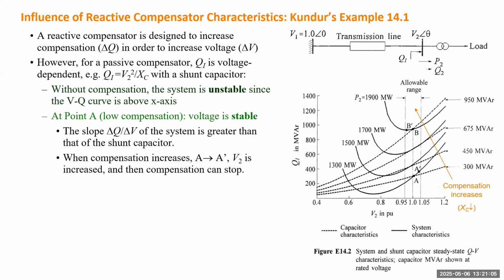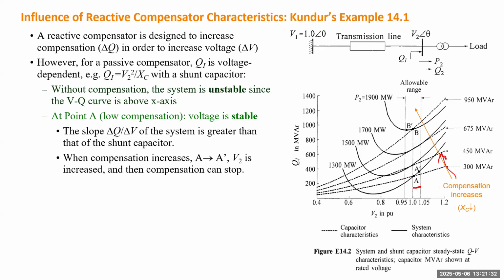Which means we have to inject some reactive power through this compensator. Let's study one condition, point A. At point A, the VQ curve slope is higher than the slope of that quadratic function for the compensator characteristic, because this direction will be the increase of compensation.